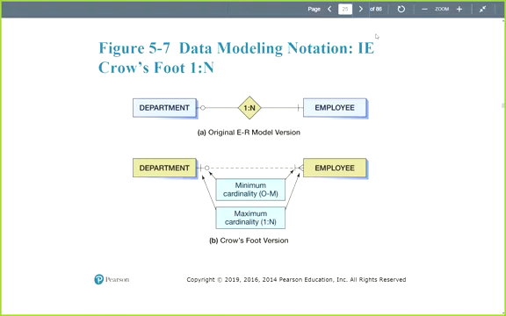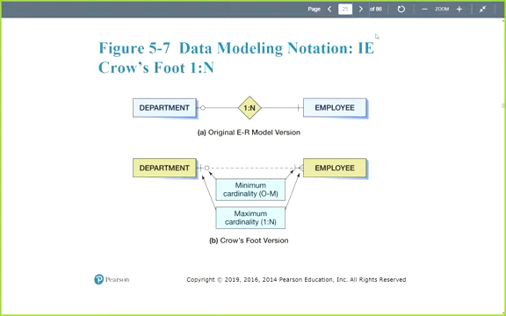So looking from department toward employee, the minimum is a bar 1, and the maximum is this three-pronged notation, more like a fork or a trident. That fork is what we call crowfoot notation, and crowfoot represents many. So minimum 1 employee, maximum many employees right here.